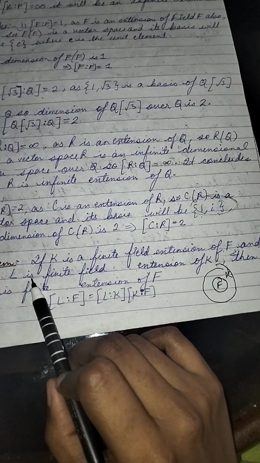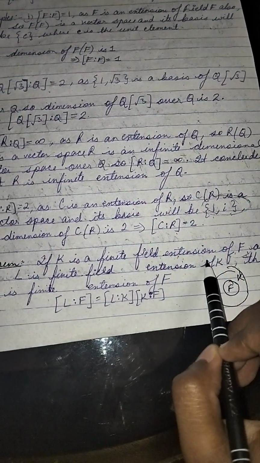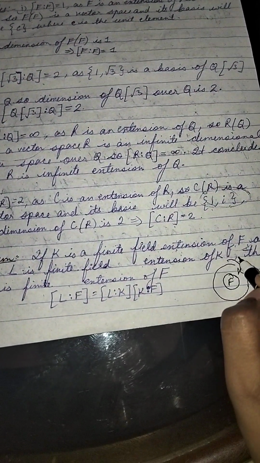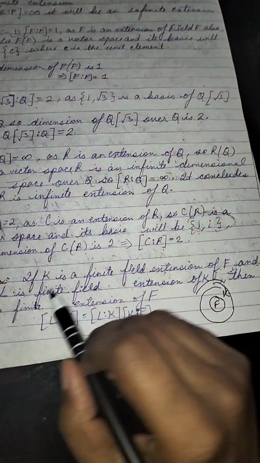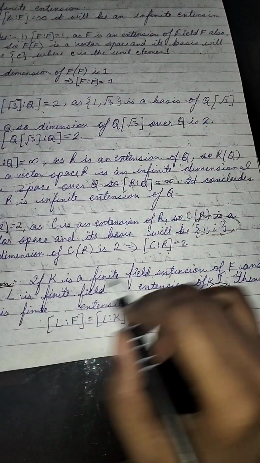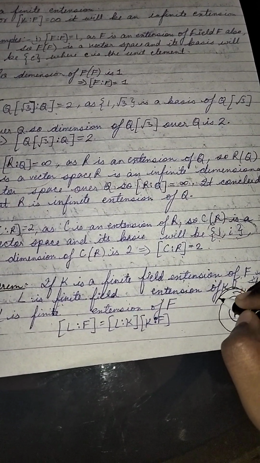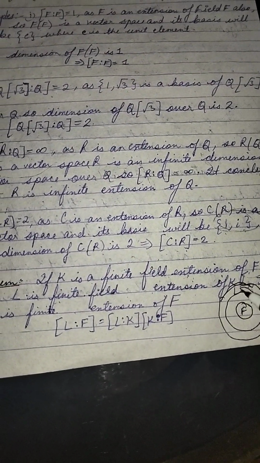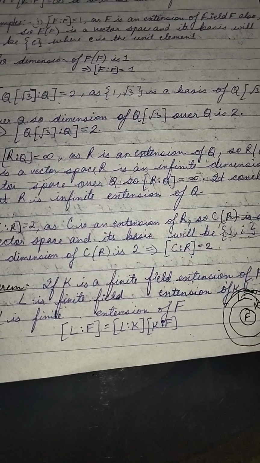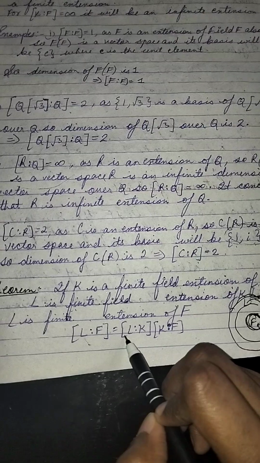Now it is saying that L is a finite field extension of K, which means K is contained in L. K is a subfield of L. So this will be L. So we can say that L is a field extension of F. [L:F] equals [L:K][K:F].